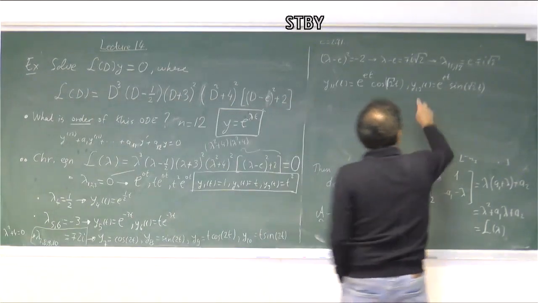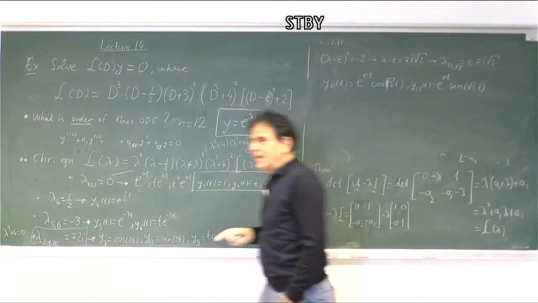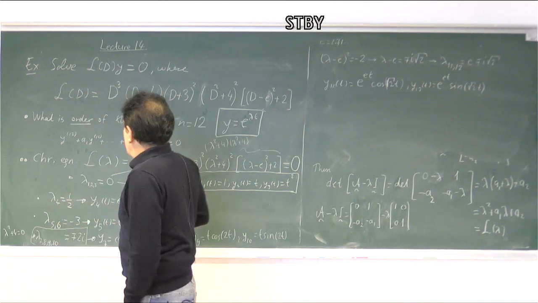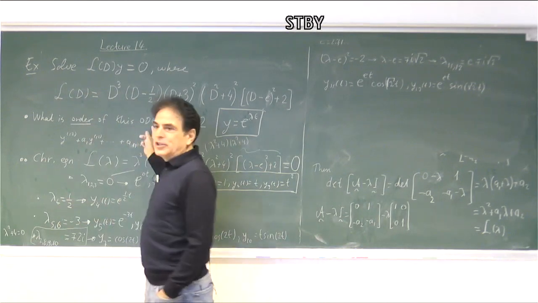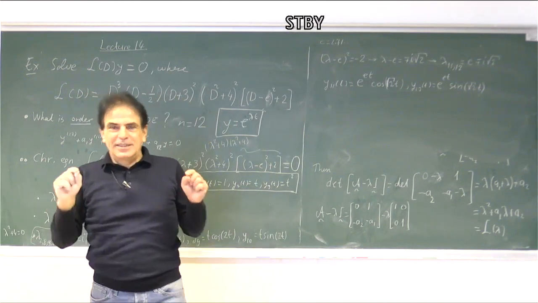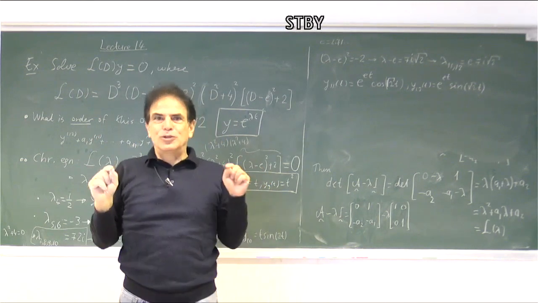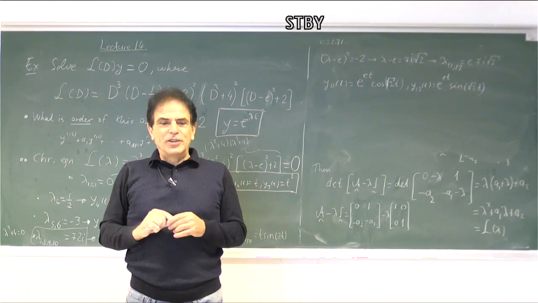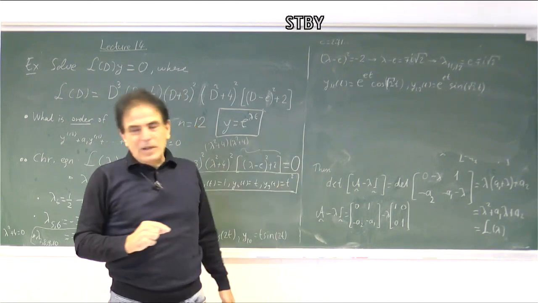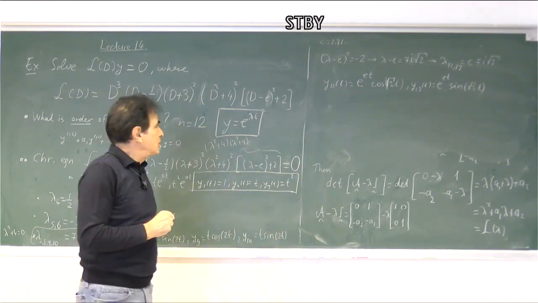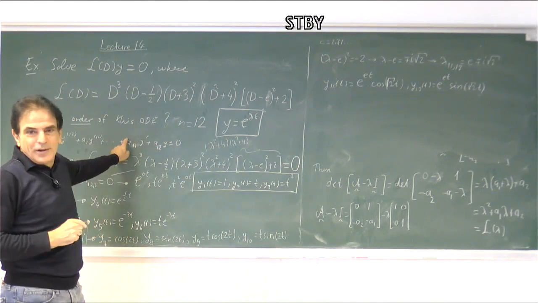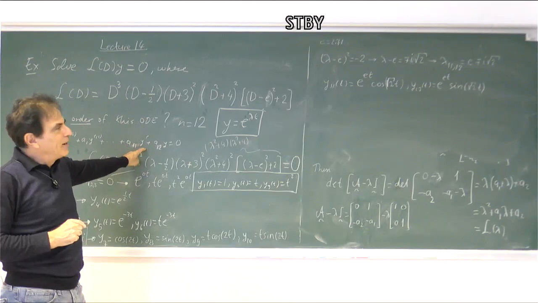Okay, so please check the number of solutions by using the order of the differential equation. Precisely, the number of independent solutions will be equal to the order of the differential equation. So we get 12 solutions for a 12th order homogeneous differential equation.